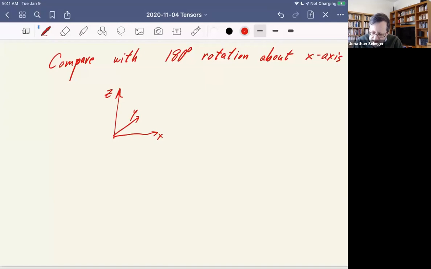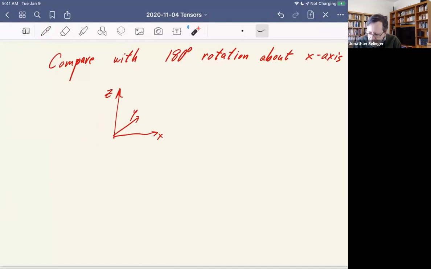And we're going to rotate about the x-axis by 180 degrees so that Z gets rotated down there to negative Z and Y gets rotated over there to negative Y, okay?